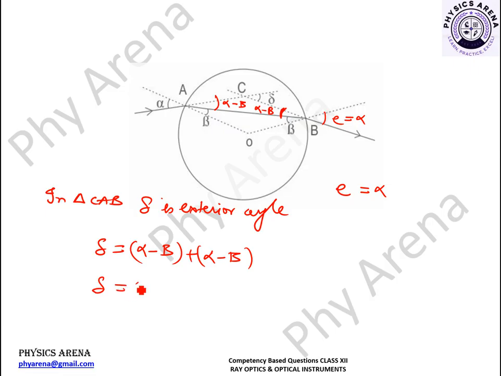So delta can be written as twice of alpha minus beta. So this is the angle of deviation in terms of alpha and beta, that is angle of incidence and angle of refraction. But for that we should be knowing that E is equal to alpha, and that we have proved in part A. This is the answer for part C.